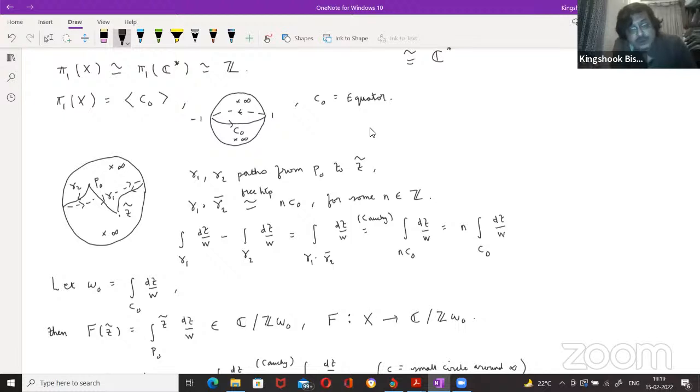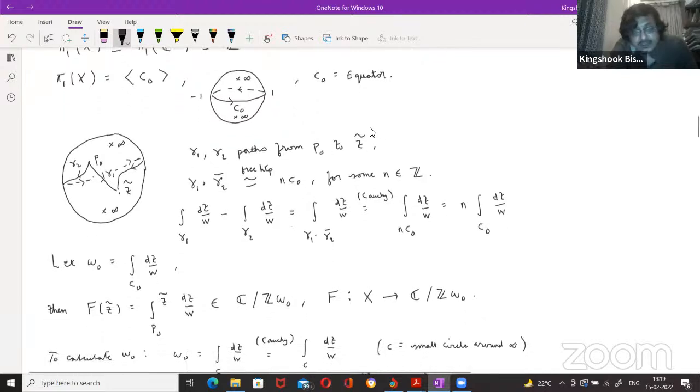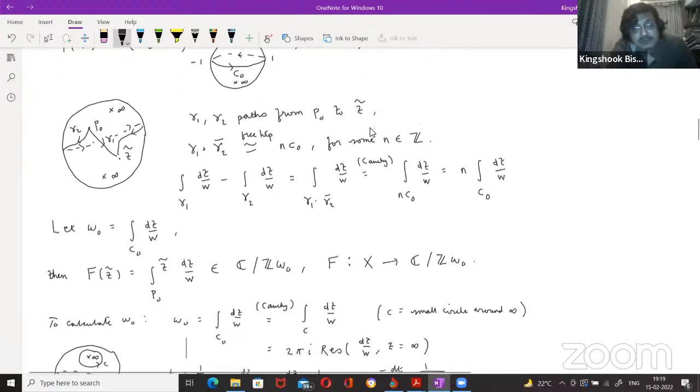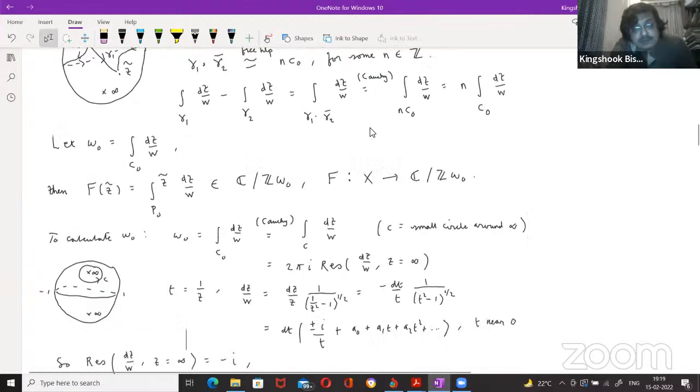So let's call this omega naught. This is the integral over C naught of dz over w. So then that means that my integral f of z tilde, this integral from P naught to z tilde of dz over w, is well defined modulo integer multiples of omega naught, right?